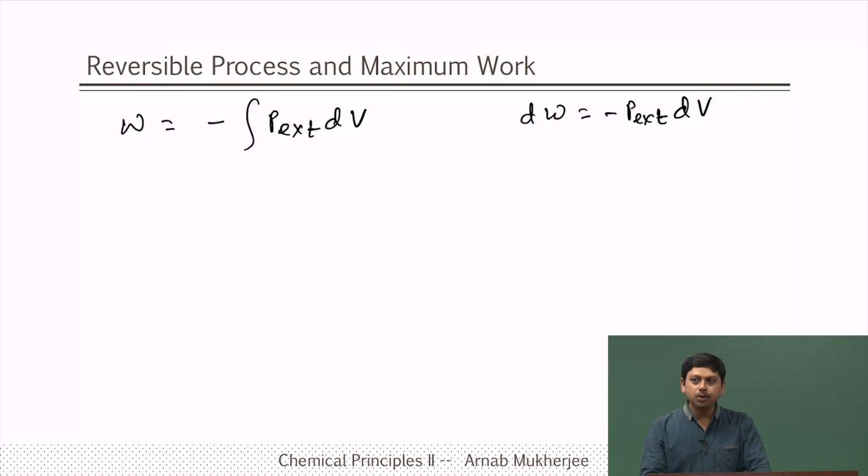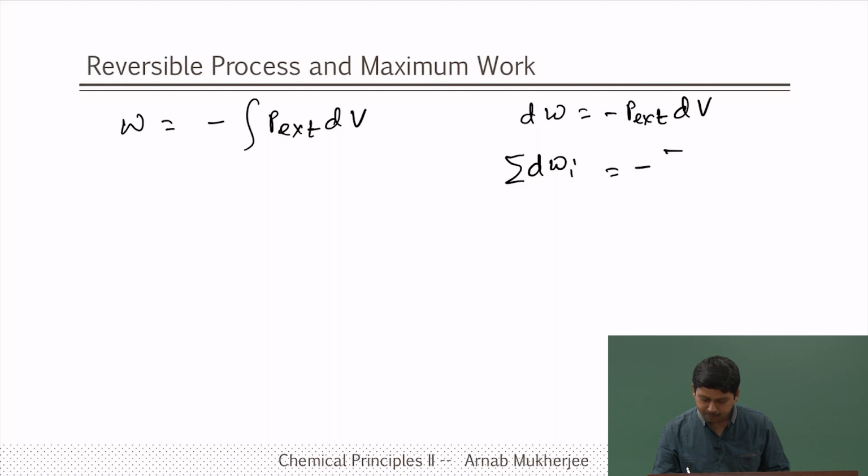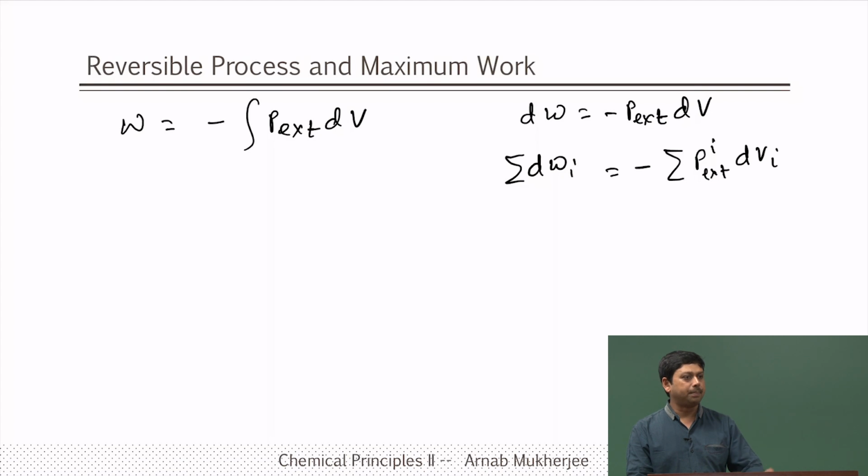Now, interestingly, when you change V in a very, very small way, P also changes in an extremely small way. So we can imagine that we are writing the total work done by changing the external pressure at every step of the way, where i is the step that takes us from one point to another point.